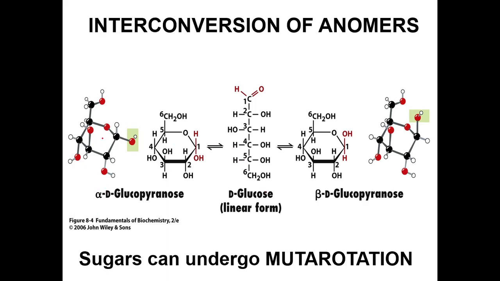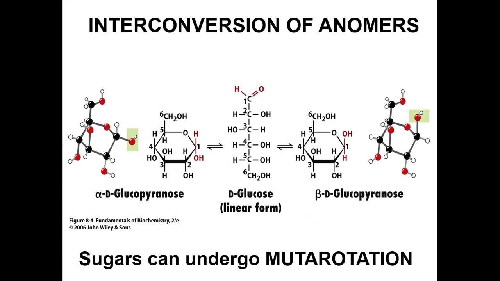So, kumbaga, yung inyong cyclic structure, bubukas ulit siya, and then it will become a linear one in the linear form. Then, it will undergo a reaction in which mapo-form natin yung beta anomer. So, this process in which your anomers are interconverted to each other, we call this your mutarotation.